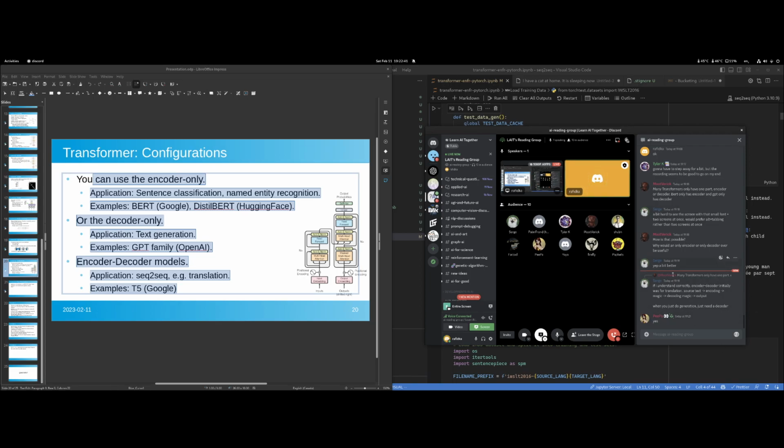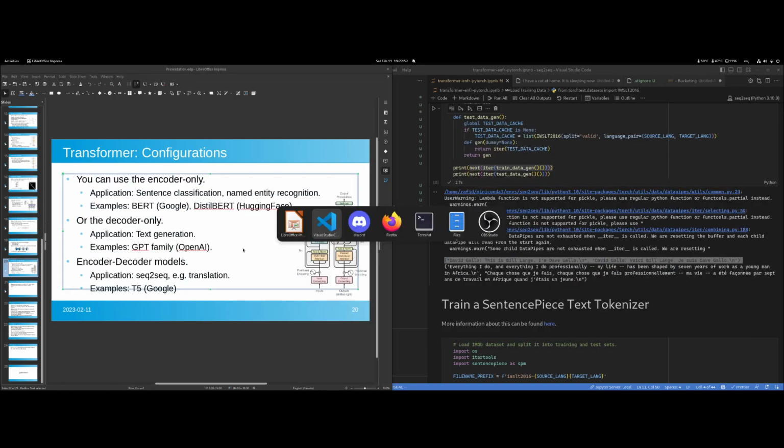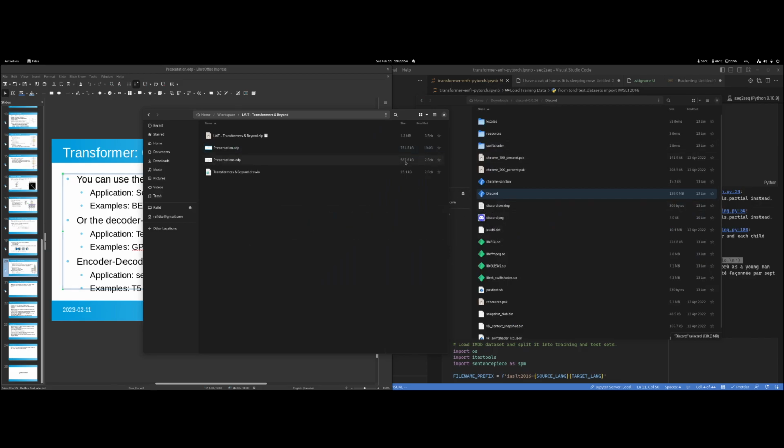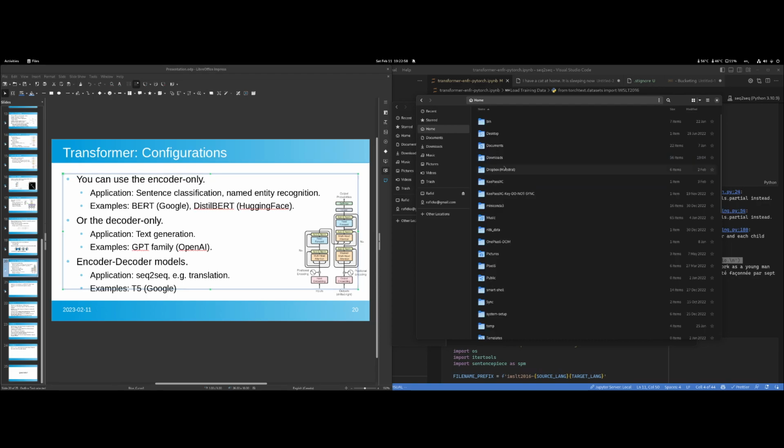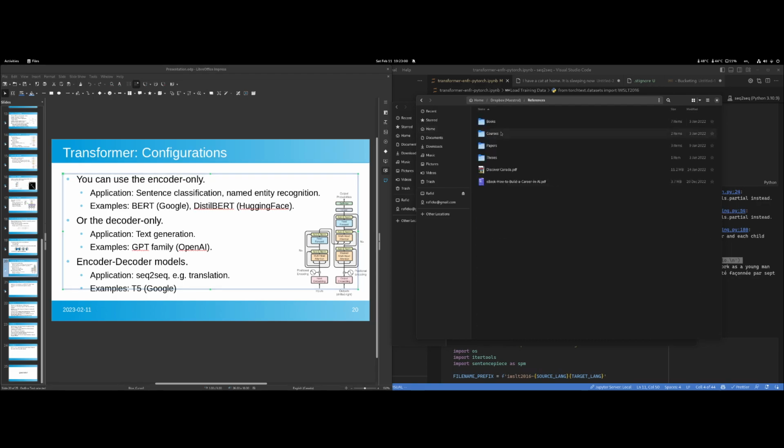Yeah, so the encoder-decoder initial was for that. That's actually correct. If you look at the paper itself, in fact, let me open it. I'm going to go to Dropbox.